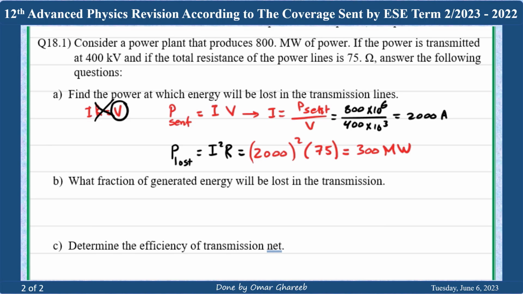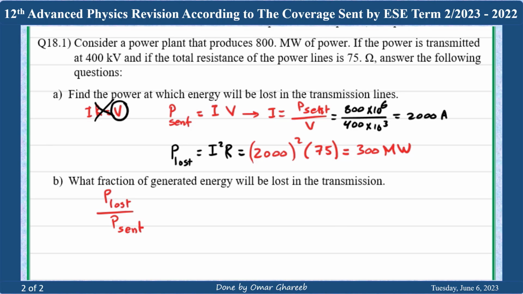What fraction of generated energy will be lost in the transmission line? We need to find P lost divided by P sent. P lost is 300 megawatt and the sent is 800 megawatt. No need to convert because we can cancel megawatt with megawatt.